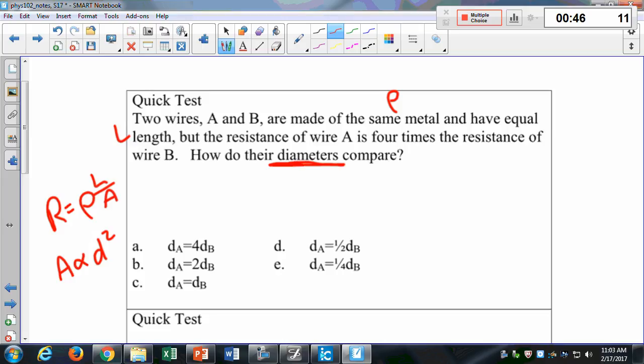It's a little tricky. You want to think about which of these wires is going to have the biggest diameter and which will have the smaller diameter.